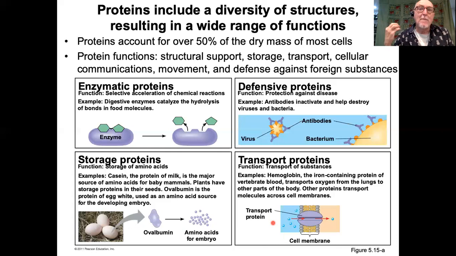Second of all, embedded into the cell membrane and into the membranes of the organelles, there are often proteins which are highly specific for transporting substances to and across the membrane. It's the proteins embedded in the cell membrane, for example, which allow the cytoplasm to be different to the outside medium. It's the proteins which selectively transport substances either way through the membrane. That is one of the major transport functions of proteins.